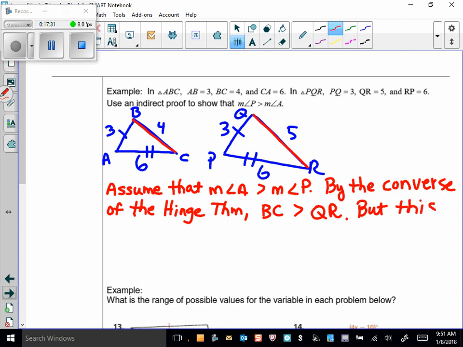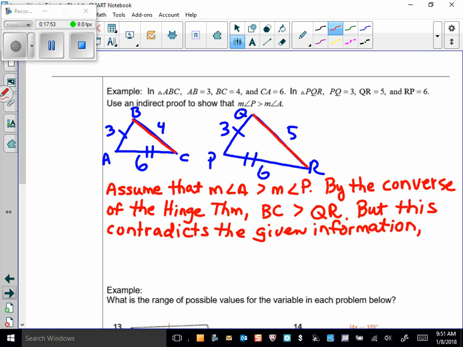but this contradicts, because remember, in an indirect proof, I'm always trying to find a contradiction to prove what I'm trying to do. But this contradicts the given information, which is that BC is shorter than QR.